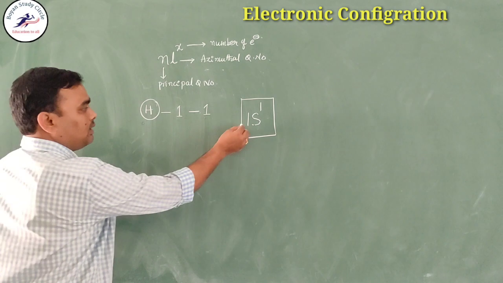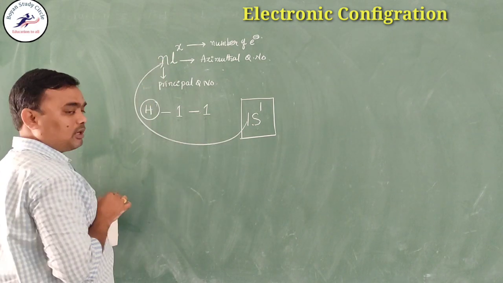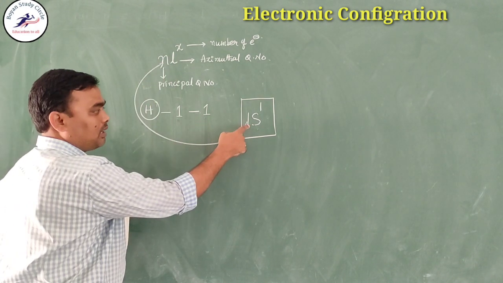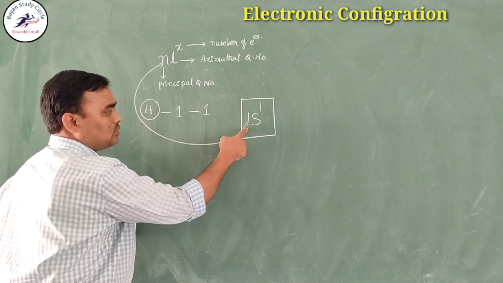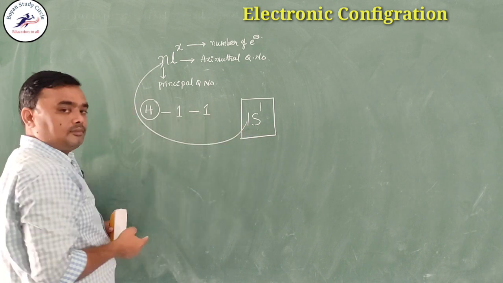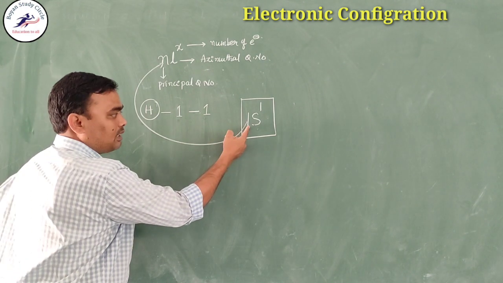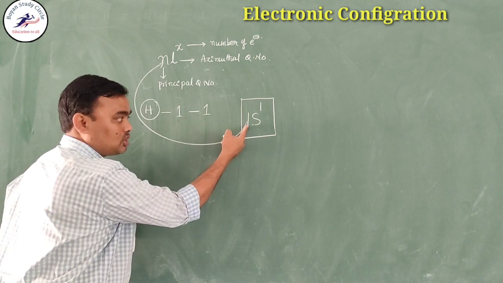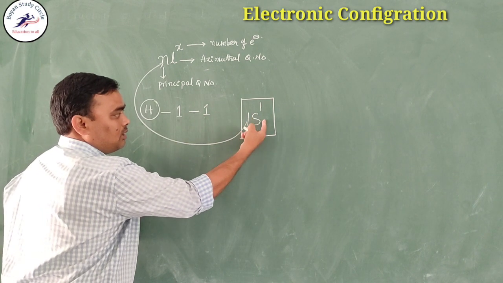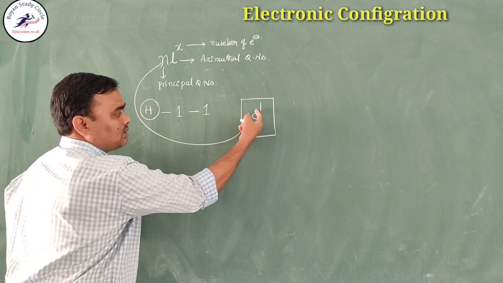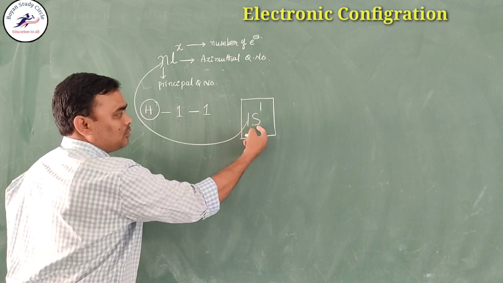Here 1 means principal quantum number n. By knowing this value of n, you can say which main shell it belongs to. So this electron belongs to the first main shell, right? And by seeing the subshell here, this electron is filled into the s subshell, right?